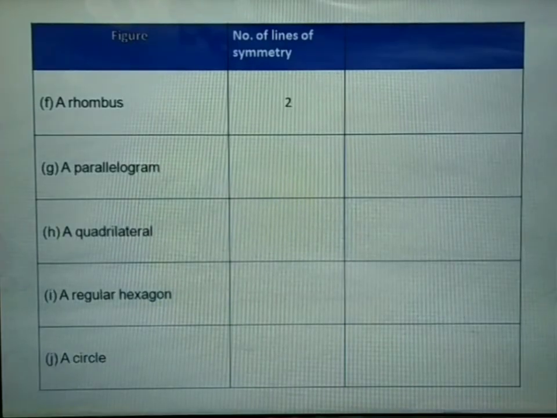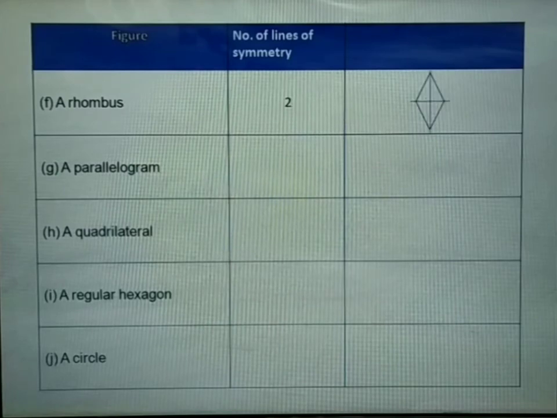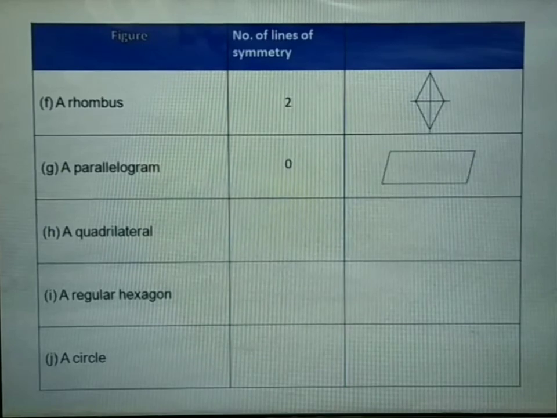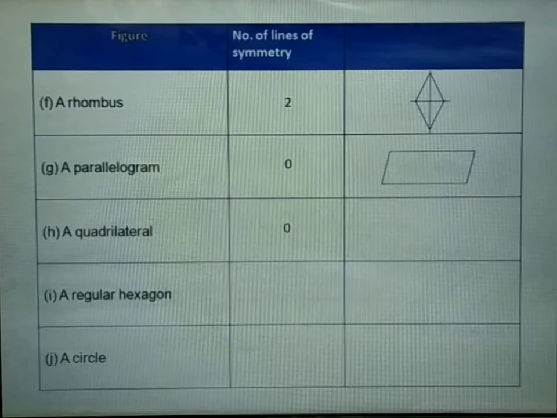A rhombus has 2 lines of symmetry. A parallelogram has no lines of symmetry. A quadrilateral has 0 lines of symmetry, meaning no lines of symmetry.